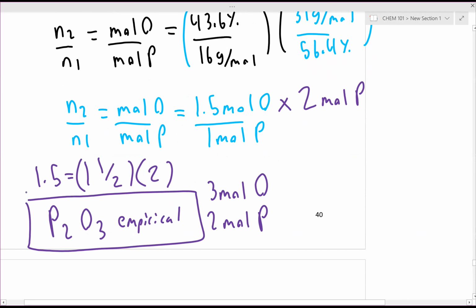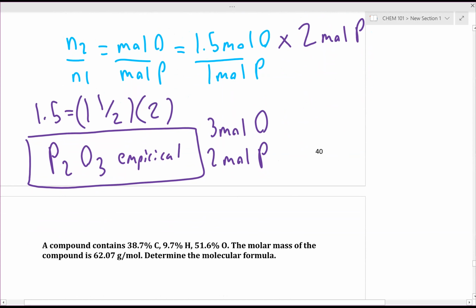Now, to finish off this problem, we're going to calculate N. So to calculate N, we need the molar mass of this empirical fragment, which if we punch it into our calculator, we have 31 times 2 plus 16 times 3.